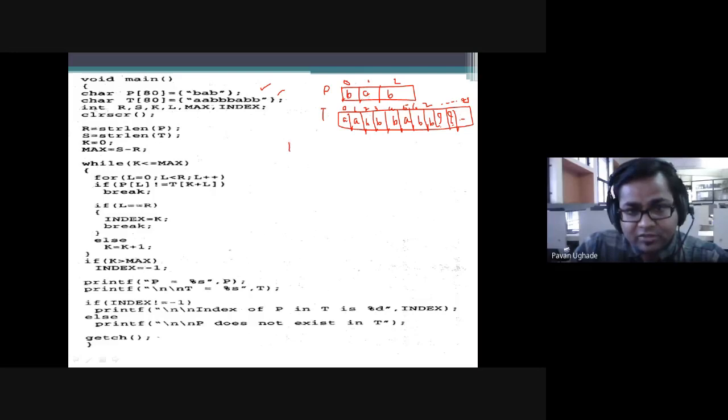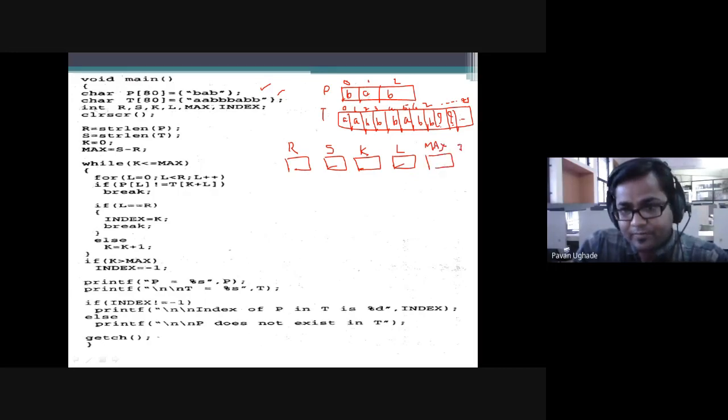I'll create the memory location for R, S, and then K, then L. This is for max, and last is index. Then this is done. CLR is set, fine. Now here I'm going to do R is initialized with strlen of P.